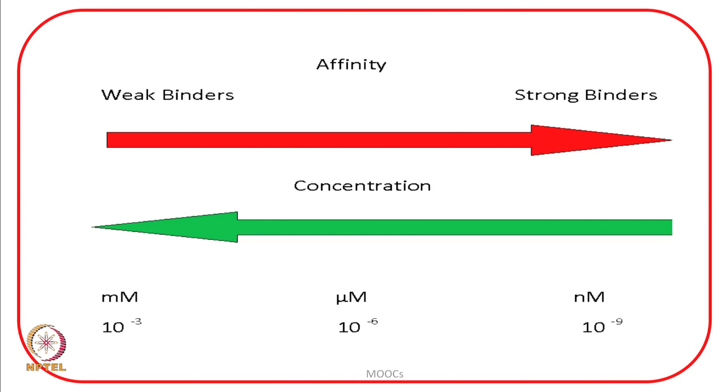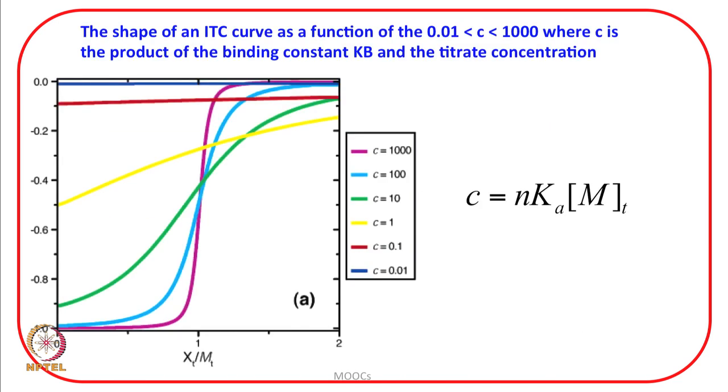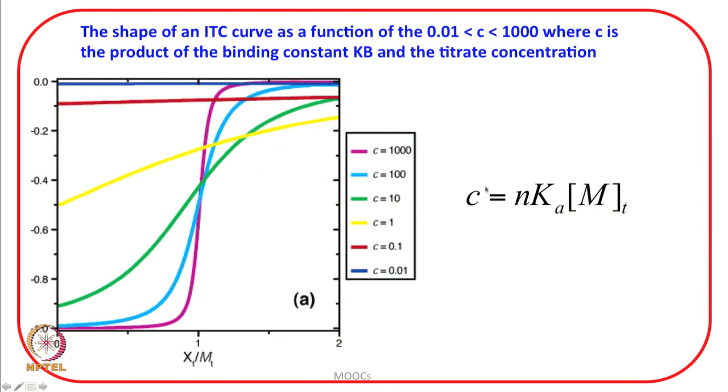And the general expression which helps in designing the isothermal titration calorimetric experiment is given in this slide, which is a factor C. C is equal to the stoichiometry of the reaction, N, which is the stoichiometry of binding, into binding constant, or I can also call it as association constant, into the total macromolecule concentration, and macromolecule usually is protein in this case.